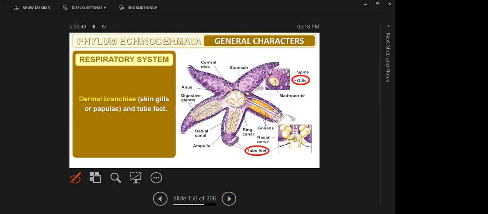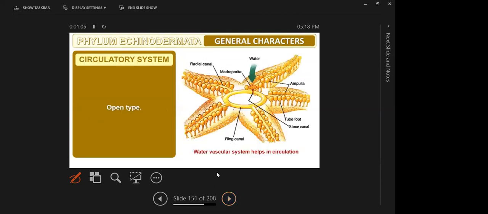Skin gills and papillae, which you can call tube feet. So what are the tube feet? Water enters into the tube feet and they help in locomotion. You can see the tube feet, so many tube feet are here. So they have a water vascular system that helps in circulation.